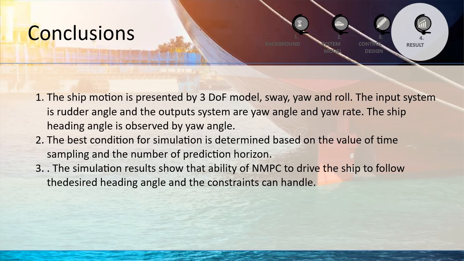The ship heading angle is observed by yaw angle. The best condition for the simulation is determined based on the value of time sampling and the number of prediction horizon. The simulation results show the ability of NMPC to drive the ship to follow the desired heading angle, and constraints can be handled.